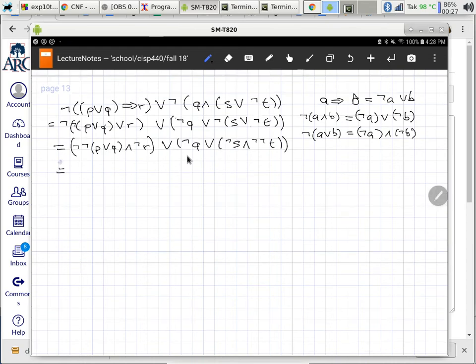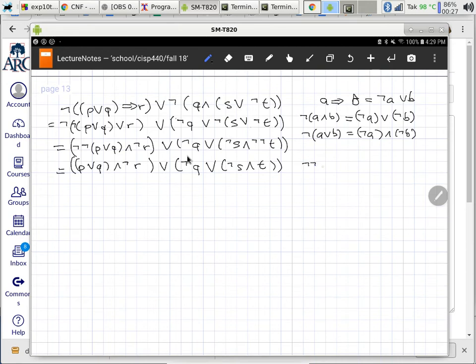On this side, we'll go ahead and simplify a little bit. This is not a very important derivation. All we are doing is getting rid of the double negations. If you do want to know what type of rule we are using, we're simply using that. At this point, it looks like we are pretty close, but we're actually not that close.